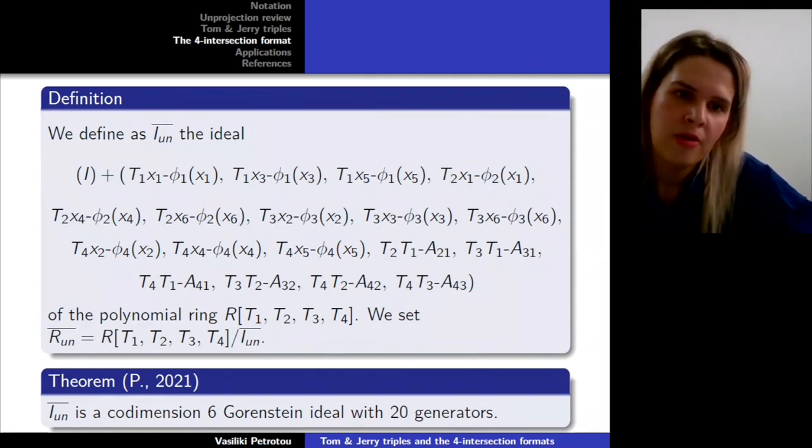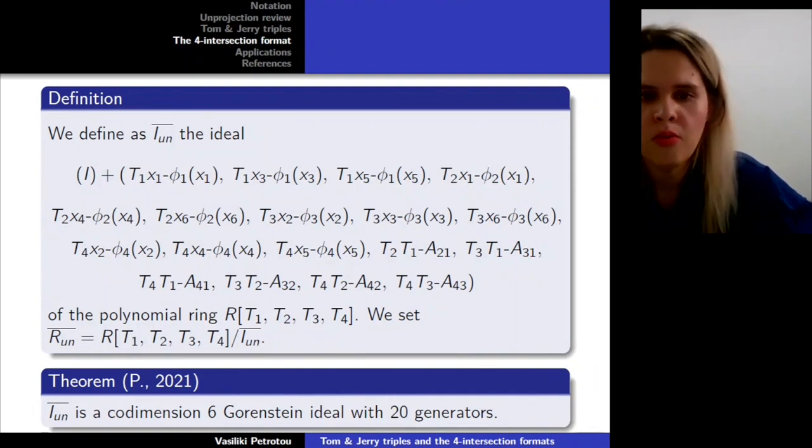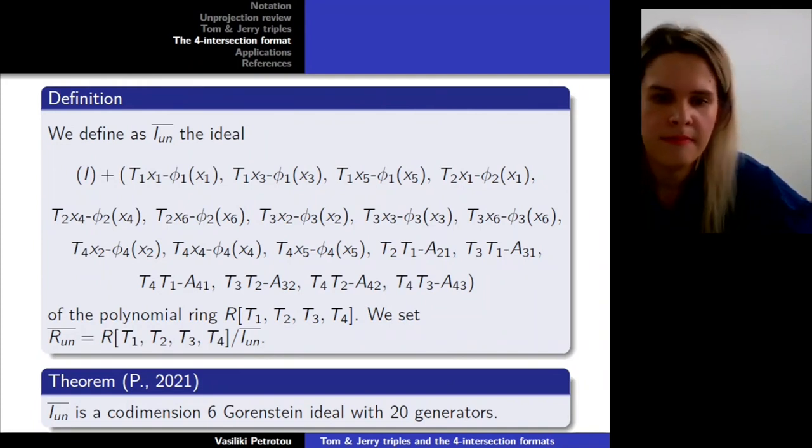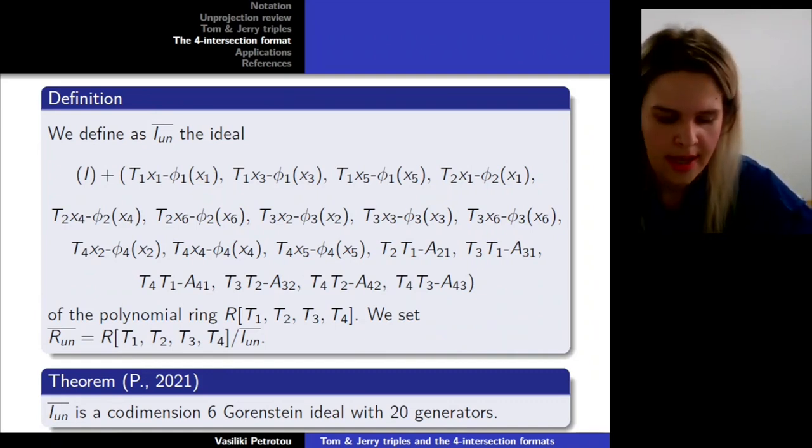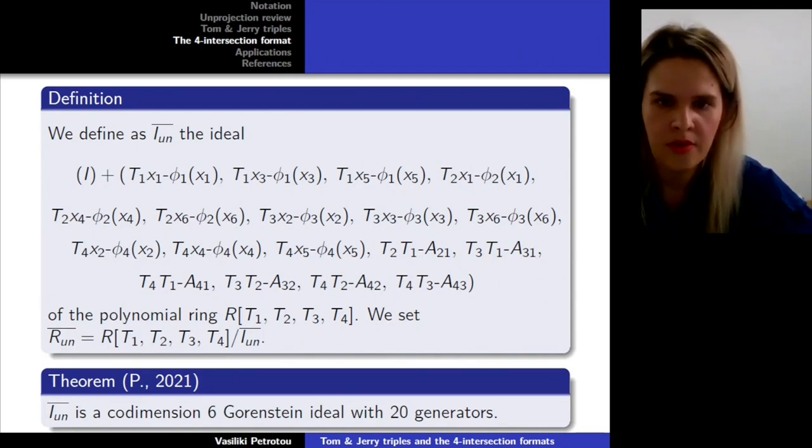Using the same arguments as before for how the codimension changes during the projection, and counting the generators, we have that I N bar is a codimension 6 Gorenstein ideal with 20 generators.